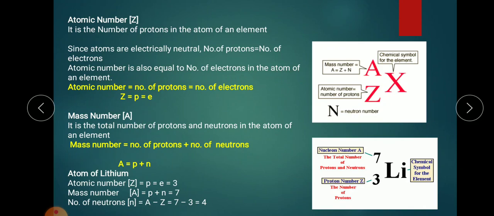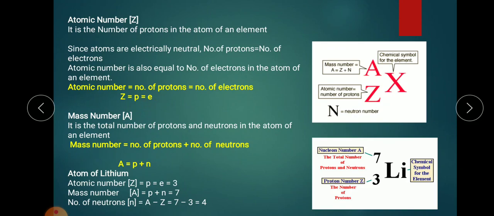So we can write atomic number equals number of protons equals number of electrons. Z is the representation of atomic number, P is the number of protons, and E is the electrons. So we can write Z equals P equals E. That will be atomic number.